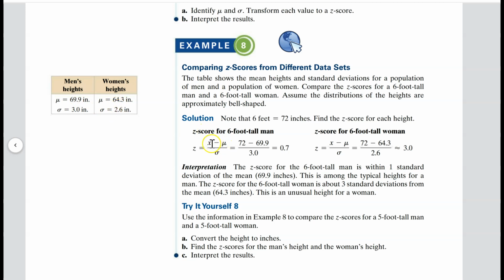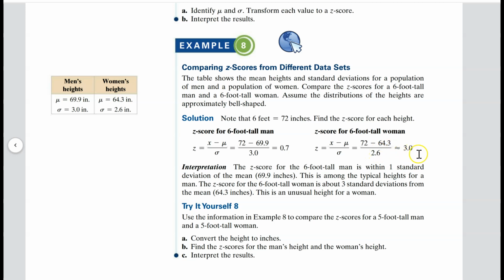So get the z-score for this 6-foot tall man. You say 72 minus the mean of that set, which is 69.9, divided by 3. His z-score is 0.7, which means he is 0.7 standard deviations above the mean height for a man. Now do the same thing for the woman, and hers would be 72 minus the mean for that data set, which is 64.3, divided by the standard deviation for that data set, which is 2.6.